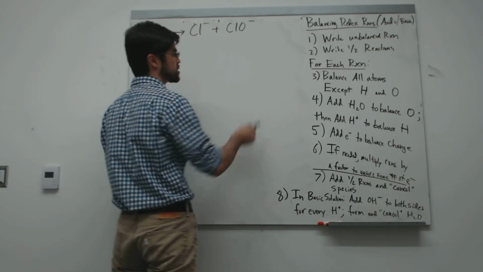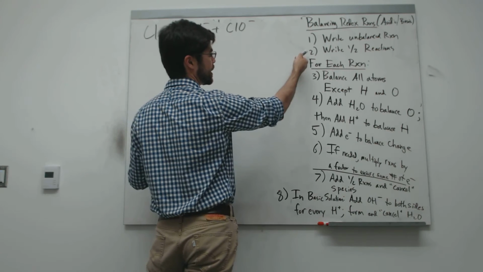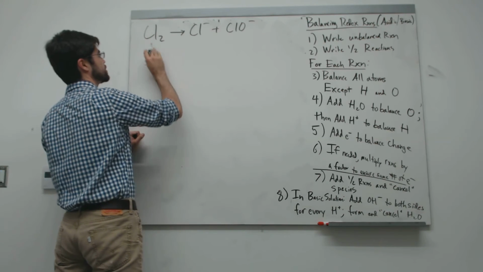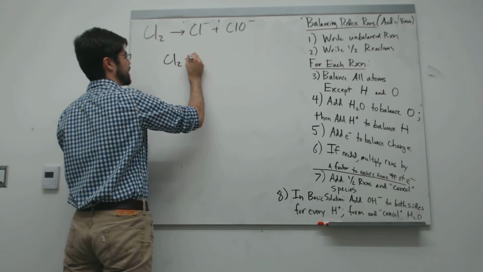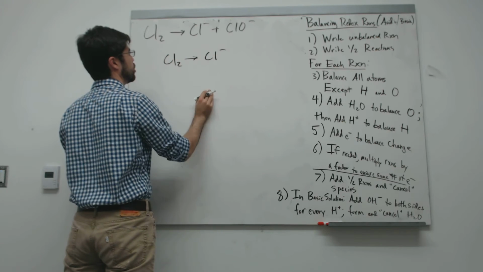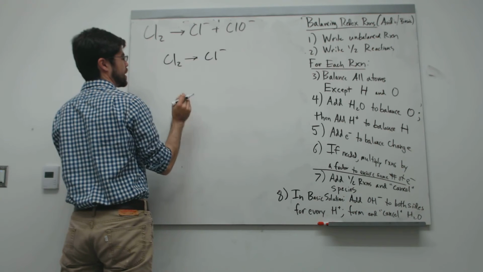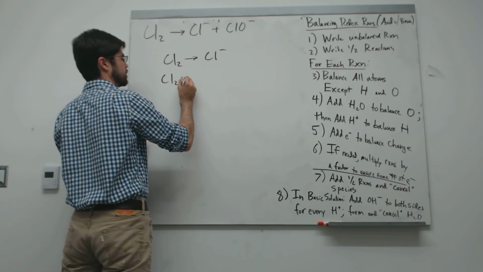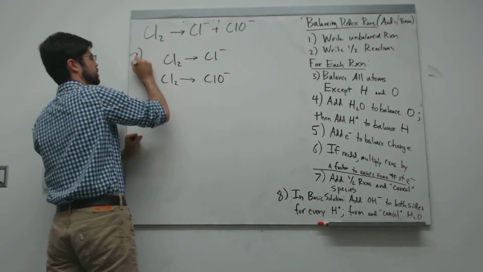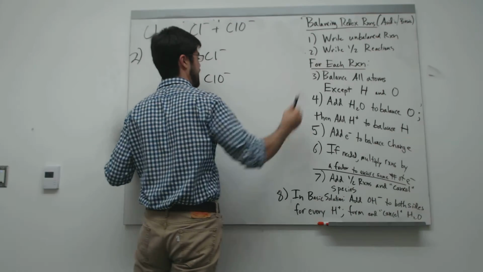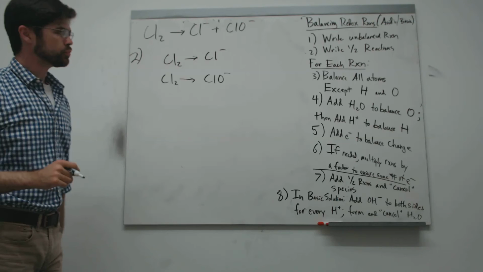This is my unbalanced reaction, but my two half reactions here are going to be chlorine converting into chloride, or chlorine converting into hypochlorite. So these are my two half reactions.